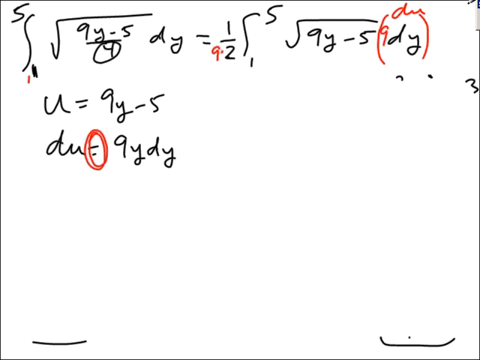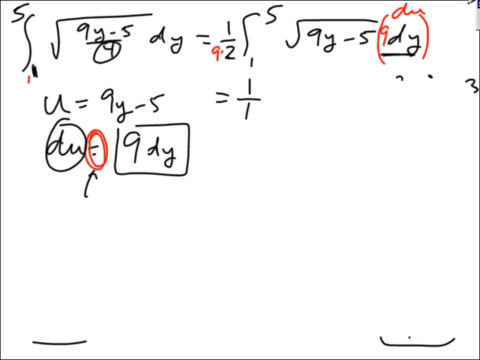One meaning, excuse me. If u is 9y minus 5, then du would just be 9 dy. This symbol right here says whenever you see this, you can replace it with that. And I just did. I saw 9 dy, I replaced it with du.